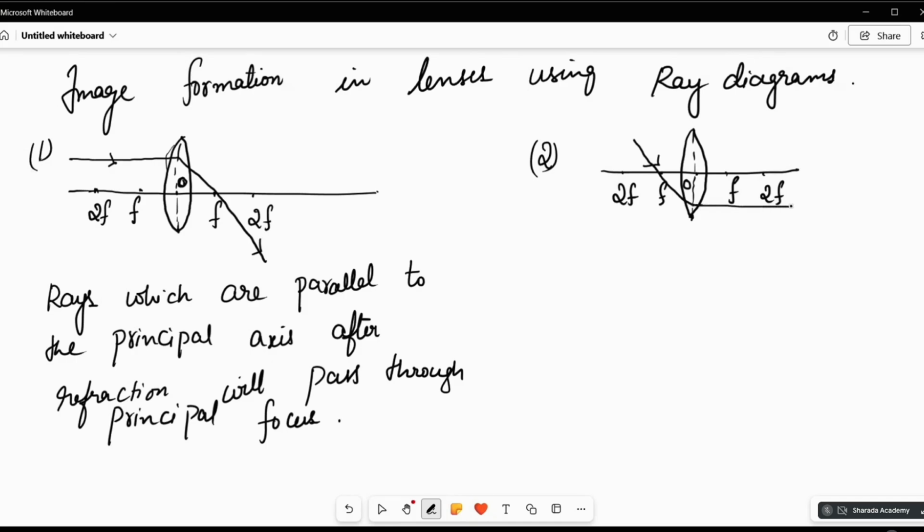Any ray passing through the focus will be refracted parallel to the principal axis.